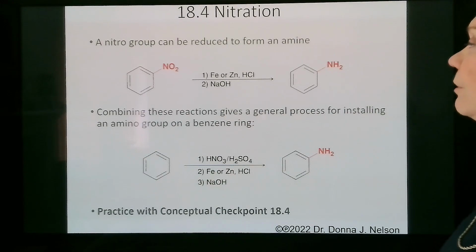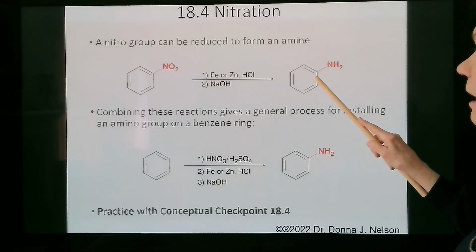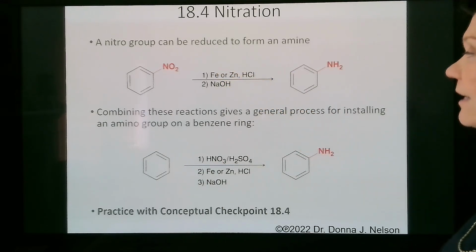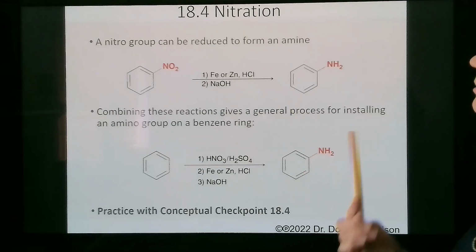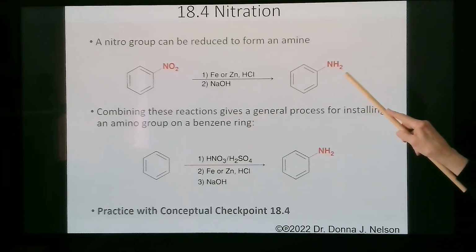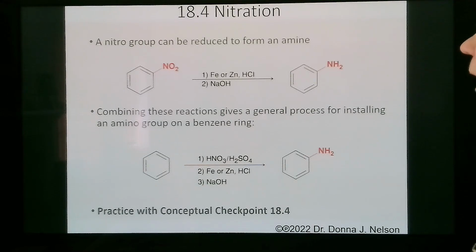A nitro group can be reduced to form an amine using iron or zinc and hydrochloric acid, and then in the second step, you neutralize the product. Otherwise, this is going to be present as the amino group.